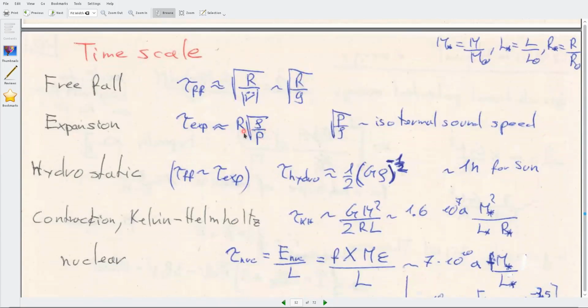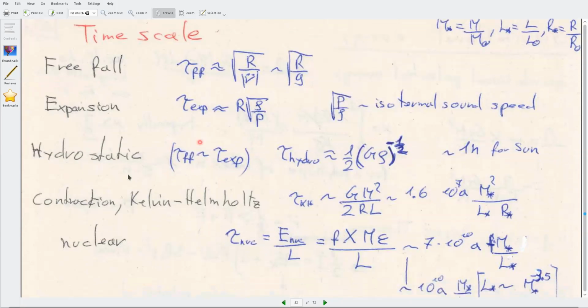The expansion time is R divided by the gradient of pressure divided by the density, divided by the square root of pressure divided by the density, the isothermal sound speed, so the velocity of the pressure wave. And the static case is that when the two are more or less equal, it is the time when the system can react in a static equilibrium.